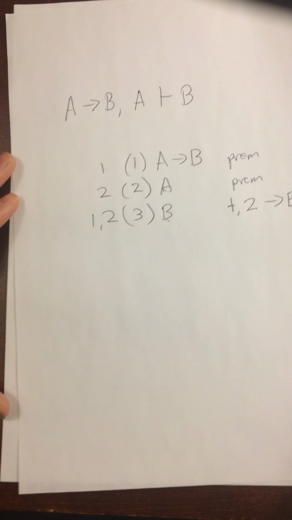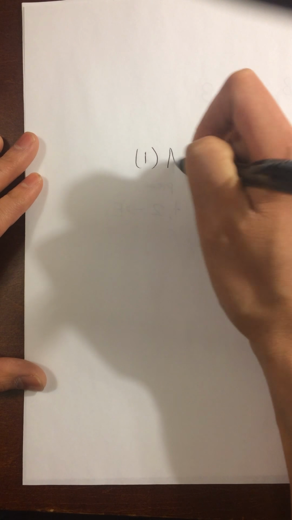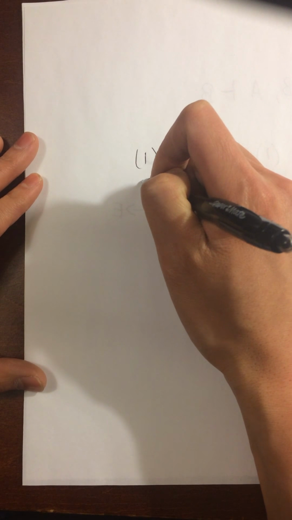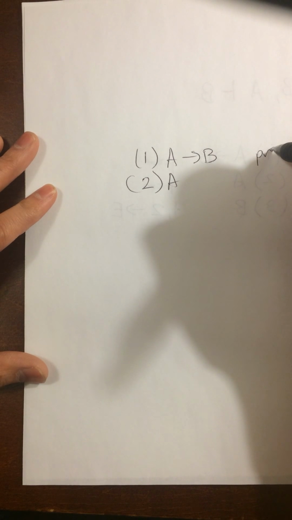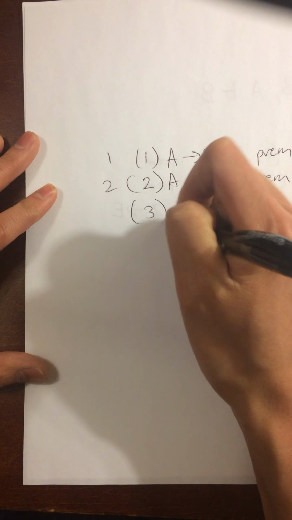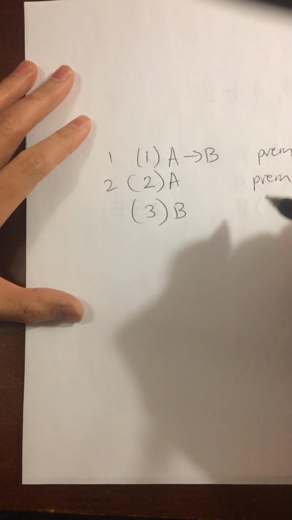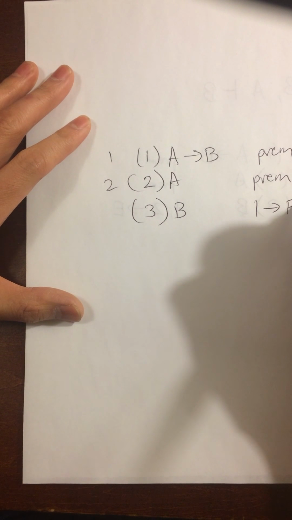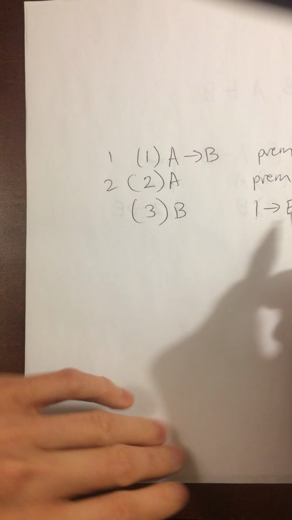Okay, so the mix-up may be something like this. If you set this up and you want to derive B, sometimes people take B just immediately out of a reference to 1 and then the rule.